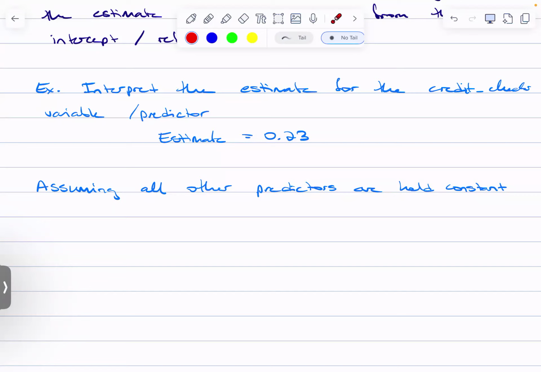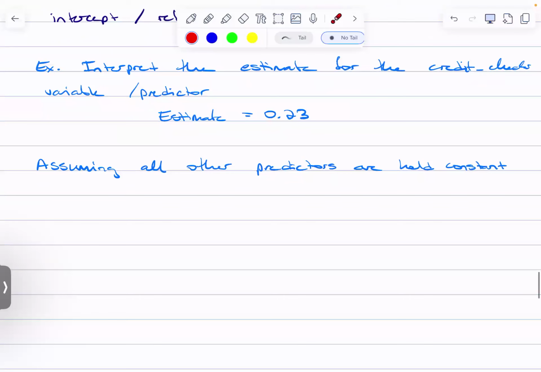Because now you're saying, hey, hold all these guys steady. Now I'm going to focus on the credit checks. What would we say? We would say for each unit increase in the credit checks, we expect a 0.23 increase in the predicted interest rate.